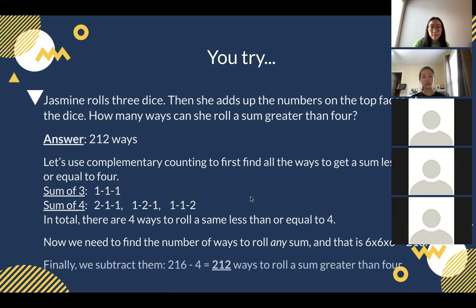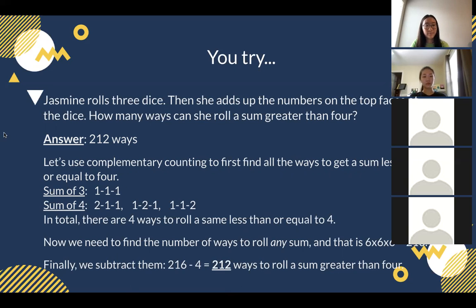Are there any questions about that? Complementary counting is just essentially counting what you don't want and then subtracting that from the total. And usually in many problems, you're going to see that counting what you don't want is way simpler than counting what you do want.